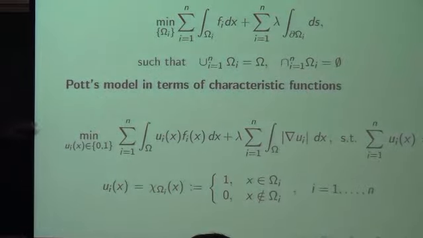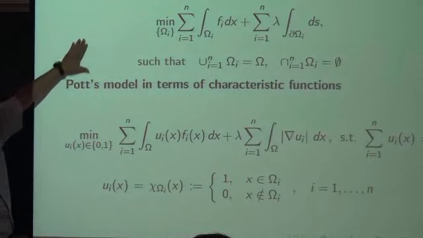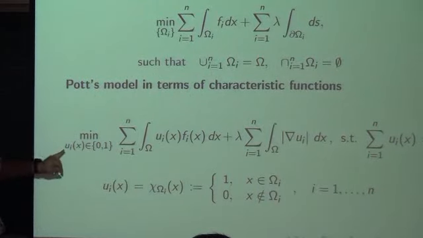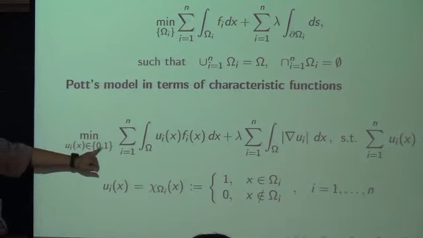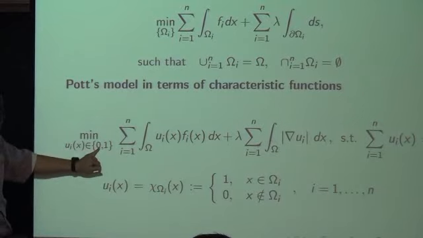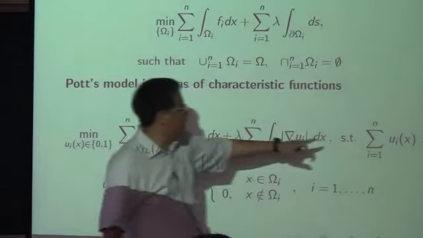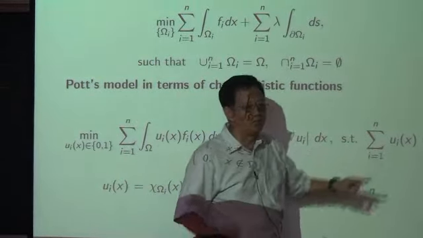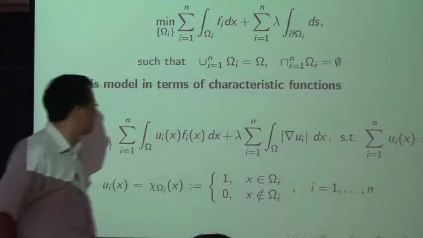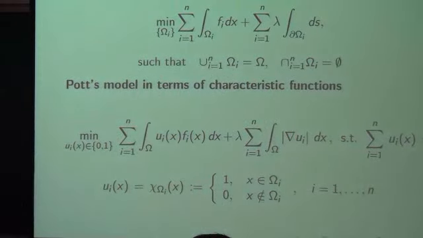If you do this, you can transform this minimization into a minimization over characteristic functions such that ui takes the value 0 or 1 at each point, and then you require the sum equal to 1. So therefore ui will be the characteristic function of omega i.